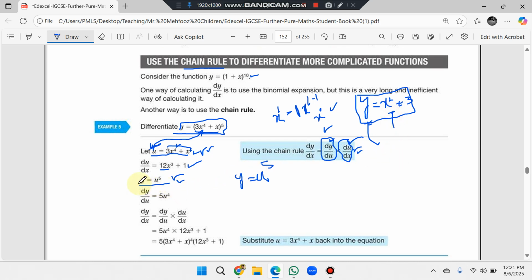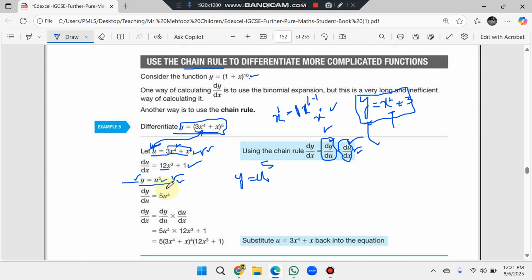Again, if we have the expression y is equal to u raised to the power 5, it means that now we use two variables which are y on the left side and u on the right side. So we can find the derivative of y with respect to u.